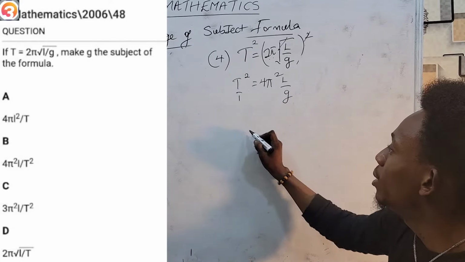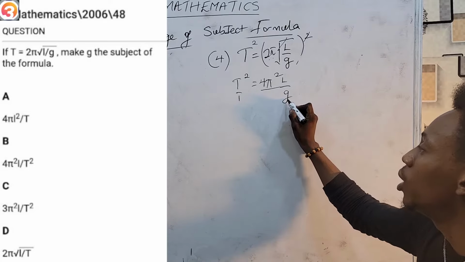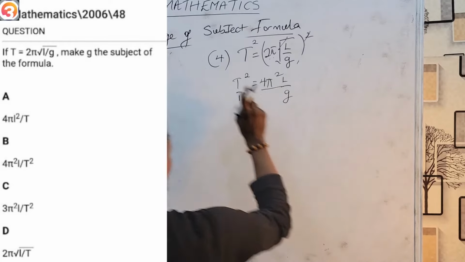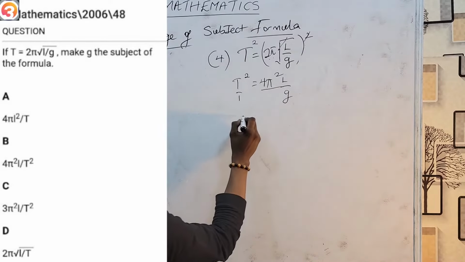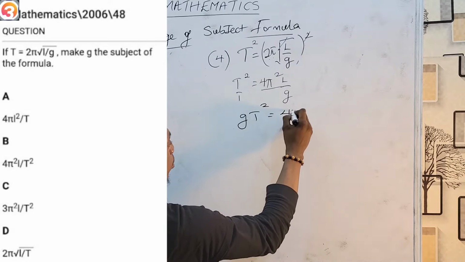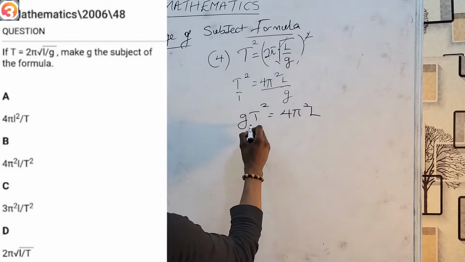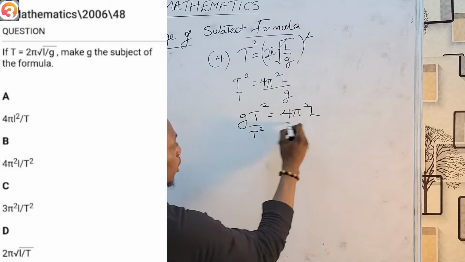So this is over 1. And I can cross multiply again because this is my only denominator here. So G times t squared becomes gt squared equals 4 pi squared L. And finally, to get G, I simply divide both sides by t squared.